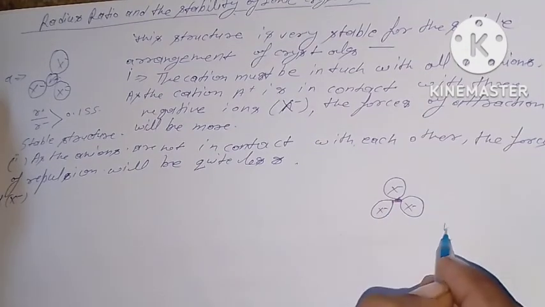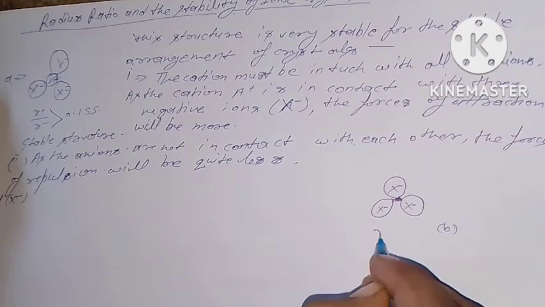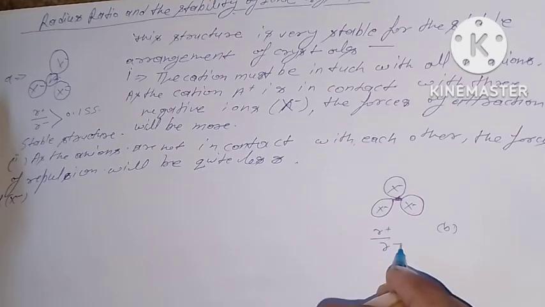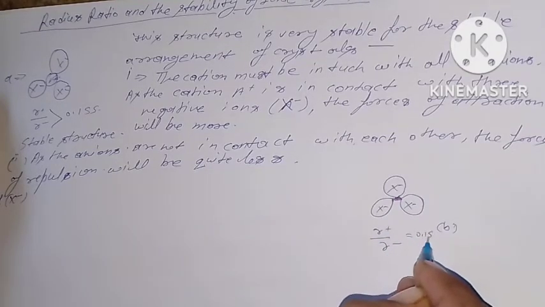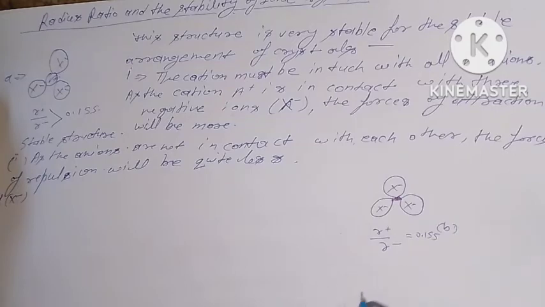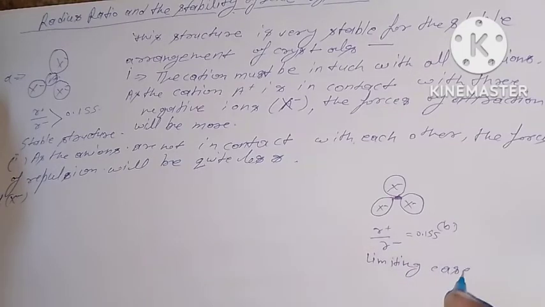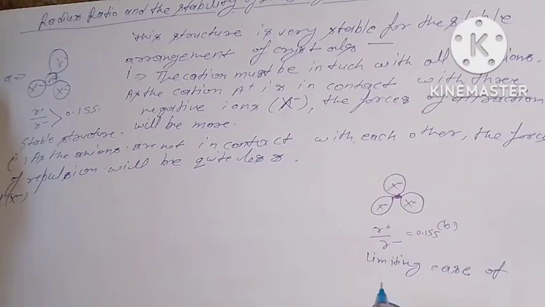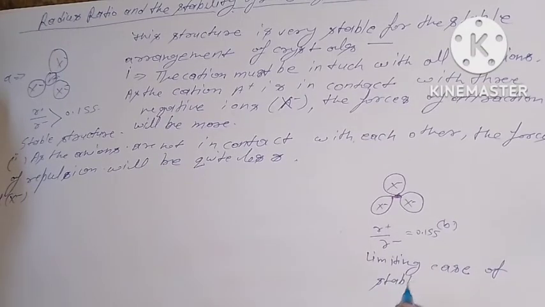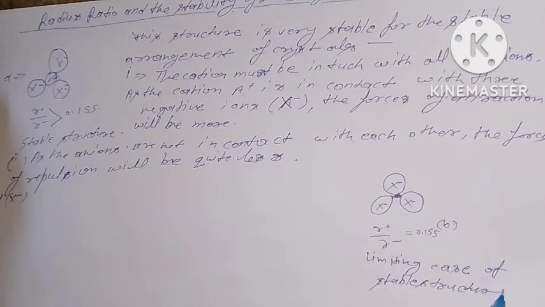This is figure number B, and R positive upon R negative is equal to 0.155, the limiting case of a stable structure.